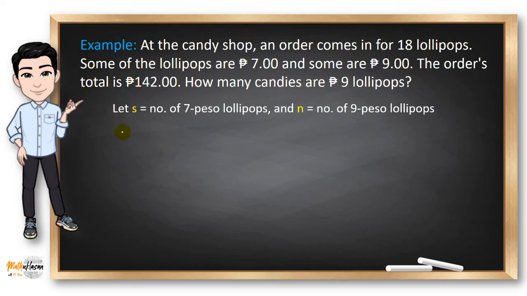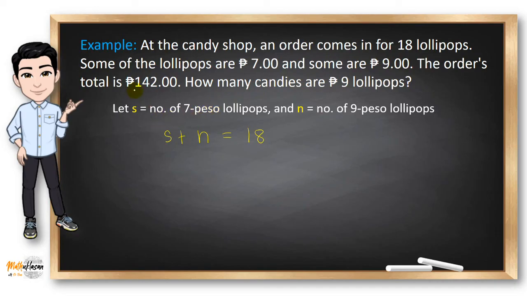And our equations are, first, an order comes in for 18 lollipops, so this is S plus N is equal to 18. Some of the lollipops are 7 pesos and 9 pesos, so the order's total is 142.